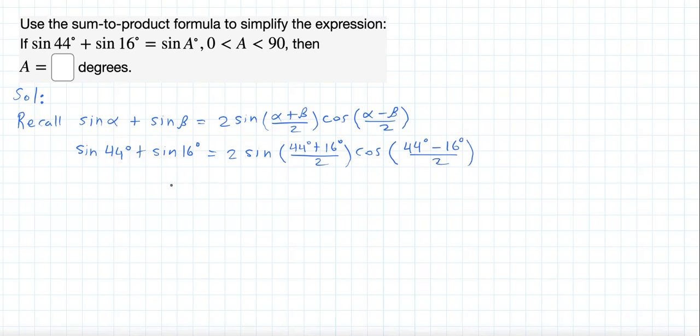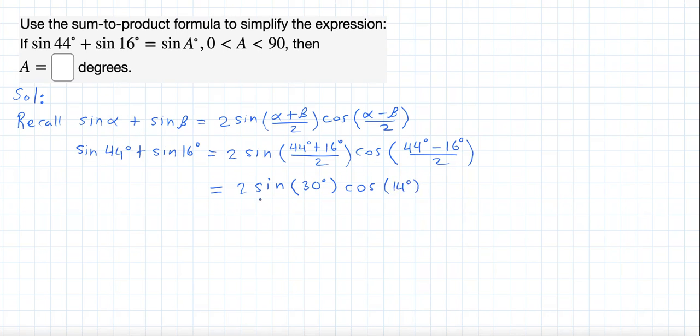Now, remember, 44 degrees plus 16 degrees is just 60 degrees. 60 over 2 is 30 degrees. Cosine of 44 minus 16 is just 28. 28 over 2 is 14 degrees here.